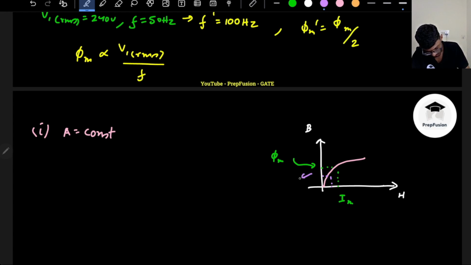This will be phi m divided by 2, and this will be Im dash. So magnetizing current will reduce.